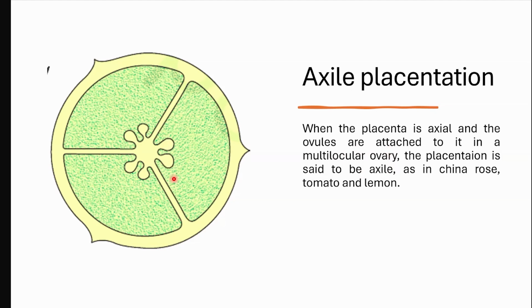So there are multiple subsections in this ovary. This is one subsection, another. So in a multilocular ovary, the ovules are attached to the axile placenta over here, and the placentation is said to be axile. Examples of this are China rose, tomato, lemon, etc.